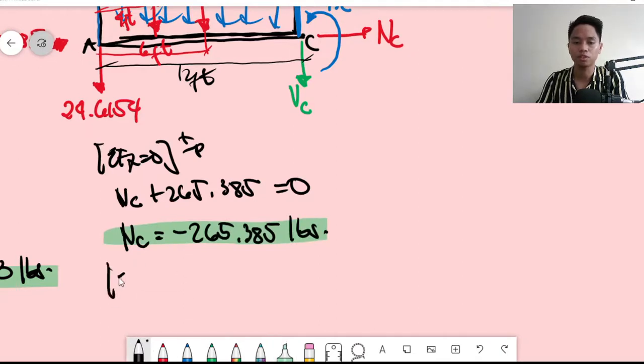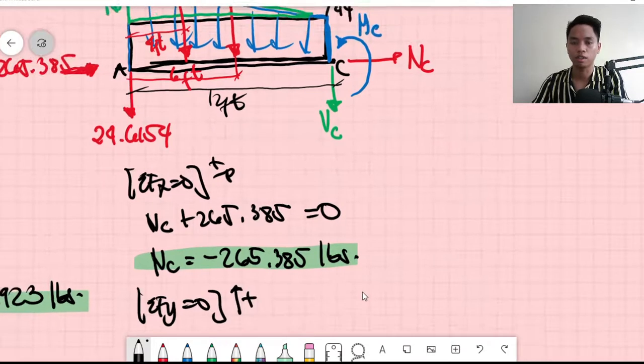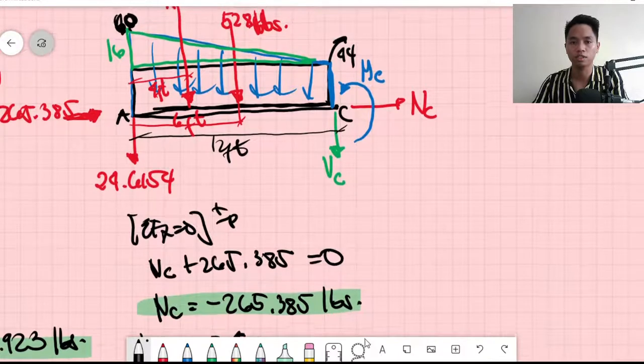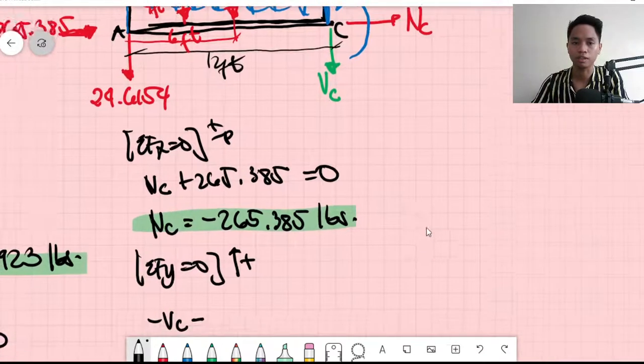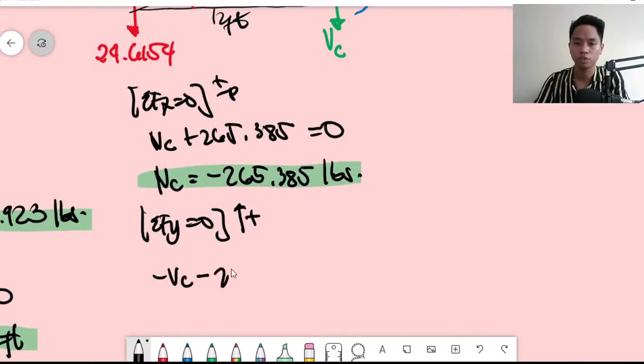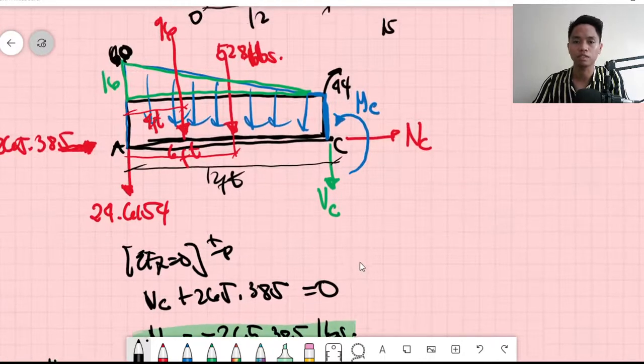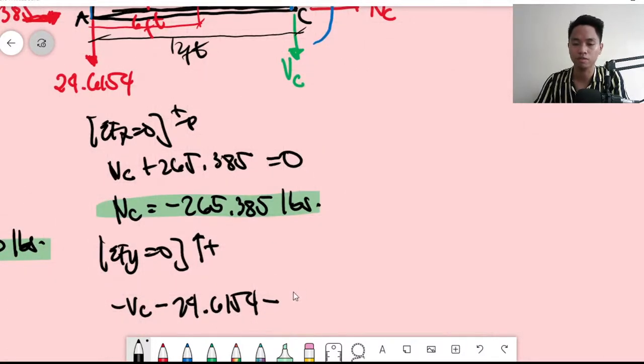Next is the summation of forces in Y equal to 0. Upward forces are positive. So what are the upward forces? We have none. So there should be negative VC minus 24.6154 minus 96, and then 528, equal to 0.